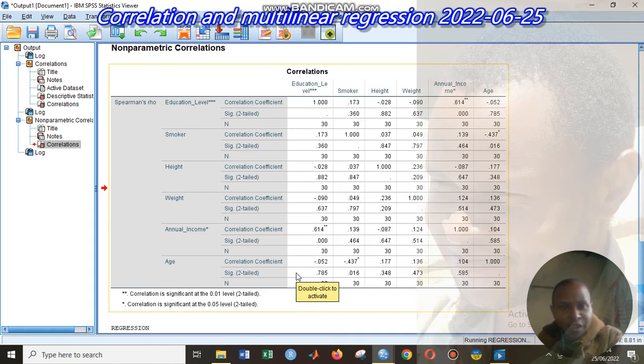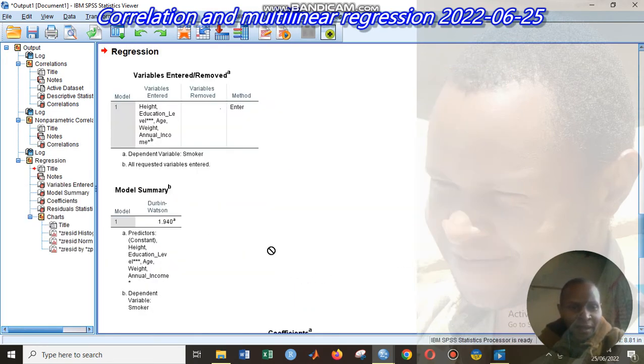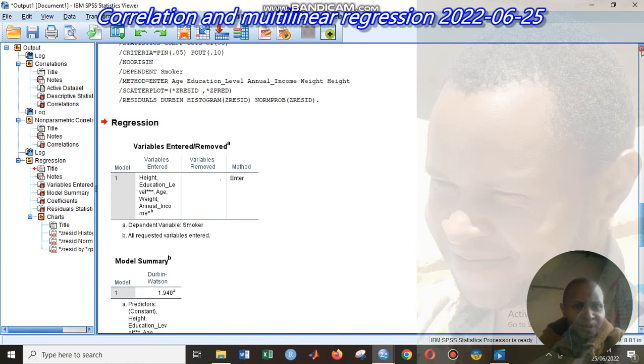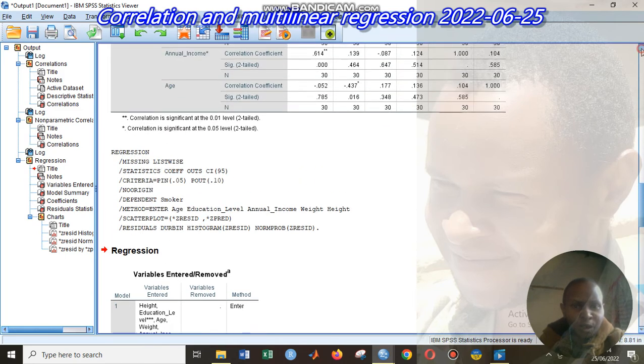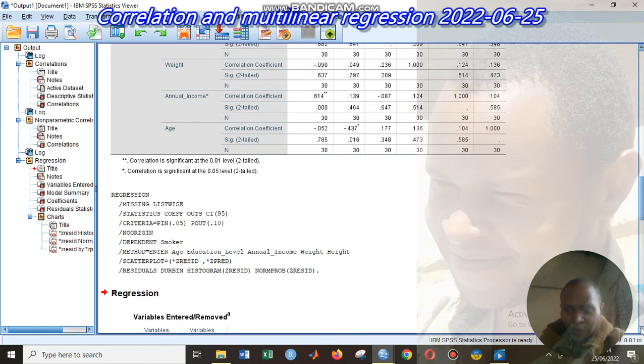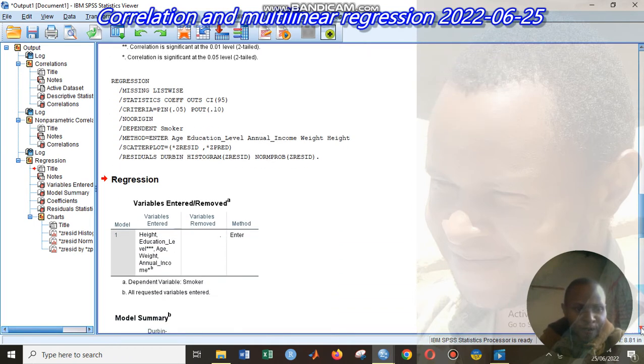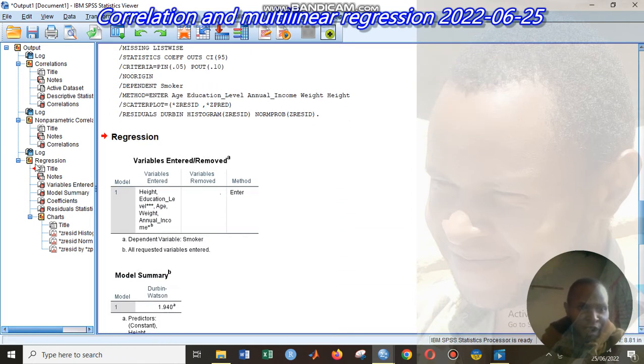Then SPSS will perform the multiple linear regression. As you can see here, the output shows the regression, and you can see the steps that are taken to perform the regression.